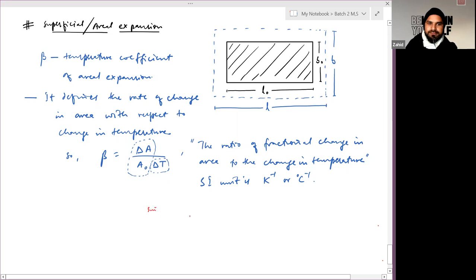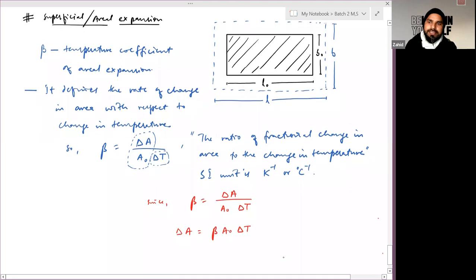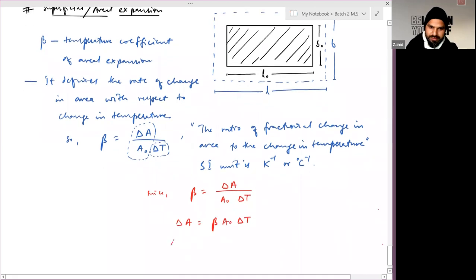Now, if you expand this formula, since beta equals change in area divided by initial area times delta T, move this denominator to the left side. So you'll get delta A equals beta times A naught delta T. Delta A is nothing but change in area, so we may write final area minus initial area equals beta A naught times delta T. Now move this A naught to the right side.